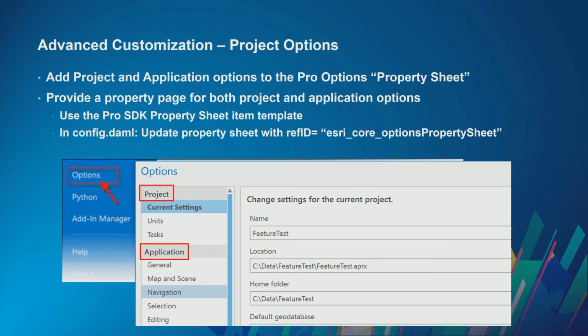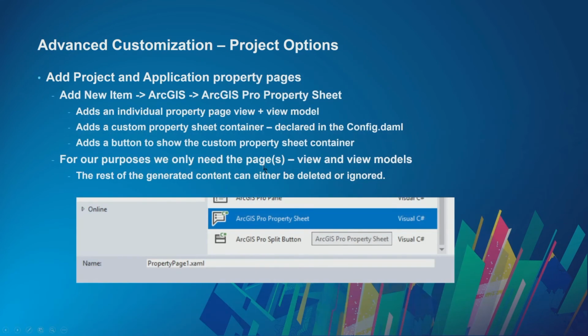So the unique ID for our options property sheet is the Esri core options property sheet value you see right here on the slide. And now, once you do this, you can insert your own project and application options in there so you seamlessly integrate.